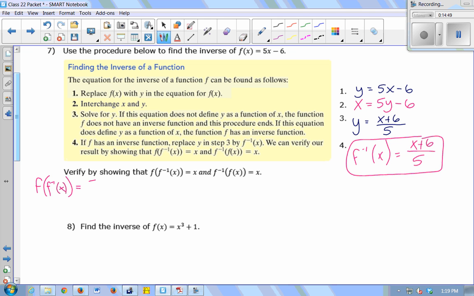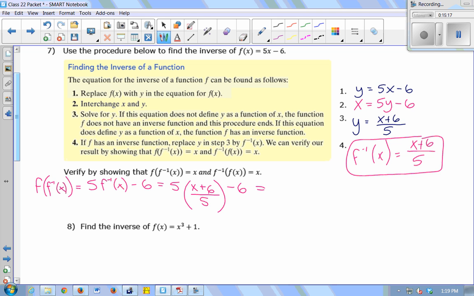So this is going to become 5 times f inverse of x minus 6. But f inverse has a formula that we just figured out, x plus 6 over 5. So replace f inverse with its formula, 5 times x plus 6 over 5, minus 6.